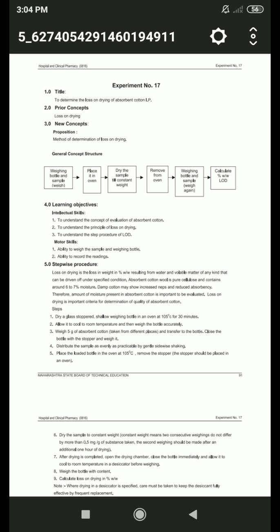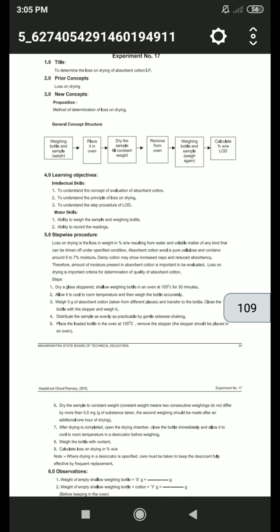Then weigh 5 grams of absorbent cotton, taken from different places, and transfer to the bottle. Close the bottle with a stopper and weigh it. Then distribute the sample as evenly as practicable by gentle sidewise shaking. Then place the loaded bottle in the oven at 105 degrees Celsius. Remove the stopper, and the stopper should also be placed in the oven.